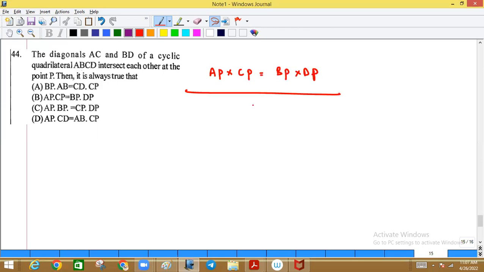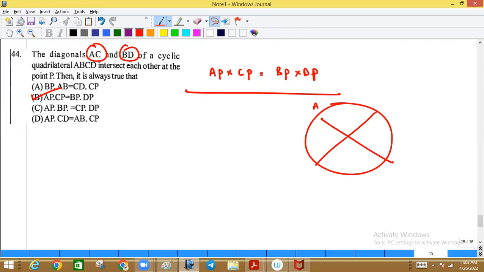In a circle, if two chords intersect at P, PA into PB is equal to PC into PD, but that is for ABCD. Here the chords are AC and BD, so PA into PC is equal to PB into PD. So AP into CP is equal to BP into DP when two chords AC, BD intersect at point P.